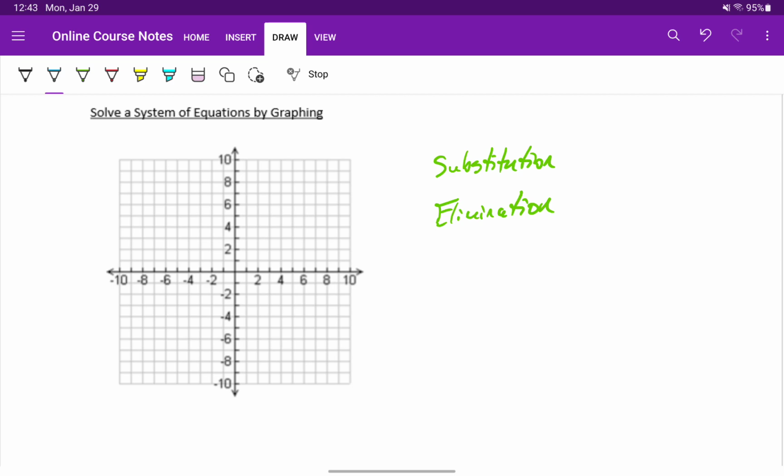In order to find a solution graphically, what we need to do is plot each line. In this case, we'll pull on the equations that we had in example 1. We can plot y equals 1/5 x plus 6 by plotting a y-intercept at y equals 6, and then moving up 1 and over 5 to get to our next point.